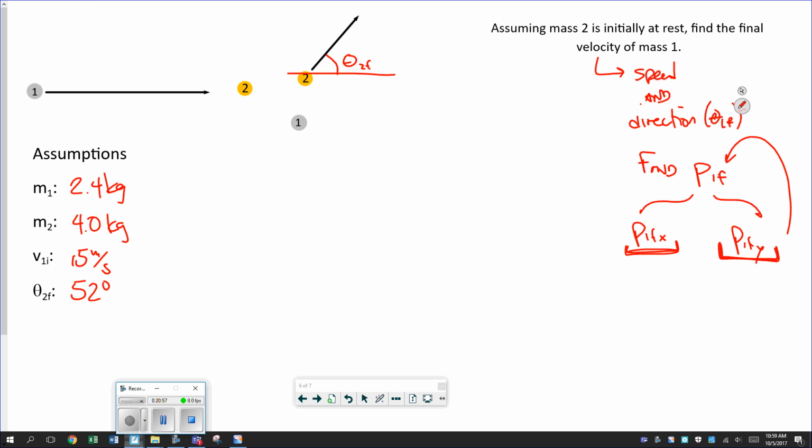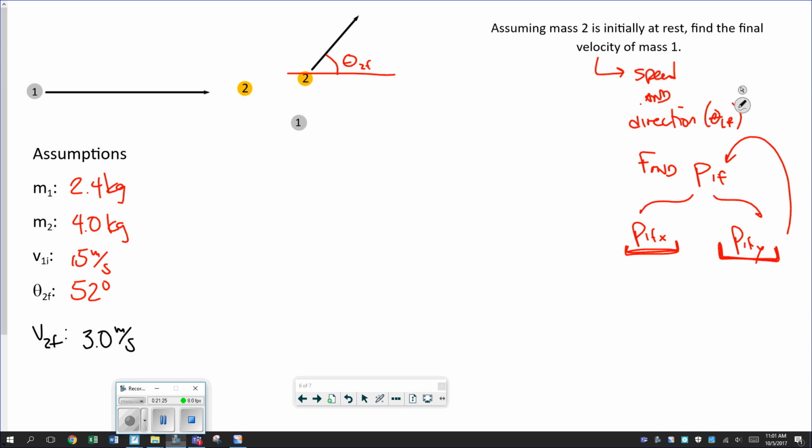Hang on a sec. Yeah, I just realized that we also need V2 final, and how about we call that, I don't know, about 3.0 meters per second. All right, now, when you do this correctly, here's what your answer is going to be.